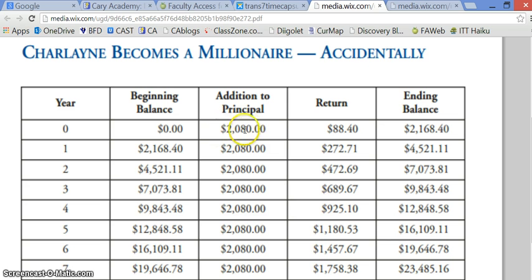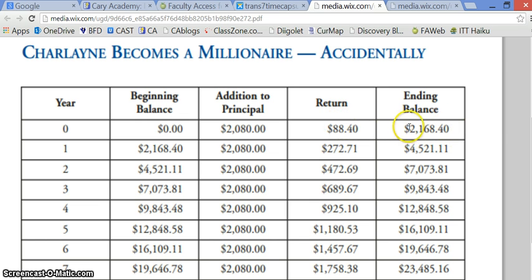She decides that she's going to put $2,080 into her account every year. So you'll see addition to principal as the amount she puts in every year. Return is the amount the bank pays her for leaving the money in the bank. So in year 0, at the end of the year, she has $2,080 in the bank, and the bank pays her $88.40 for leaving it in there.